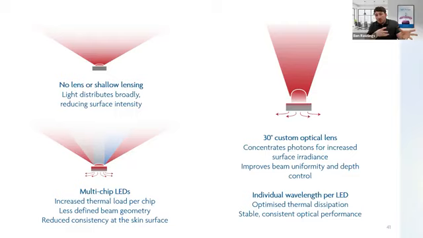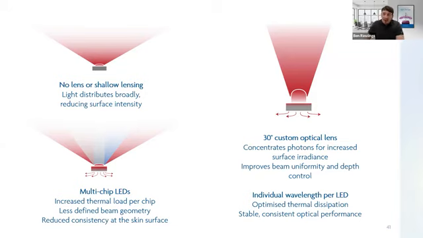What I've tried to illustrate here with the diagrams is that by lensing the LEDs down to 30 degrees, we're taking all of that energy that's been spread outwards and pulling it all in, and we get a lot more intensity at the skin surface. The reason that's important is that we're getting power for efficiency. For the heat trade-off of running those LEDs, we're getting more photons on the surface of the skin that can then go in and do what they need to do.